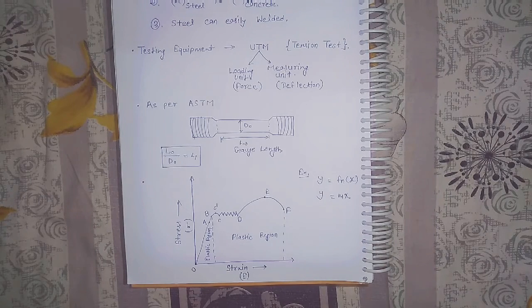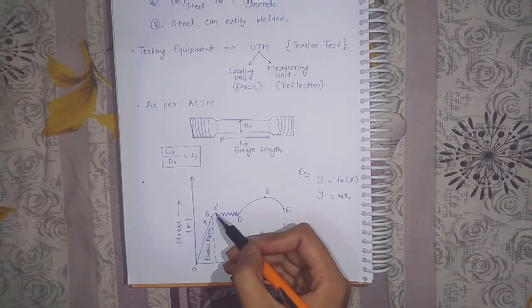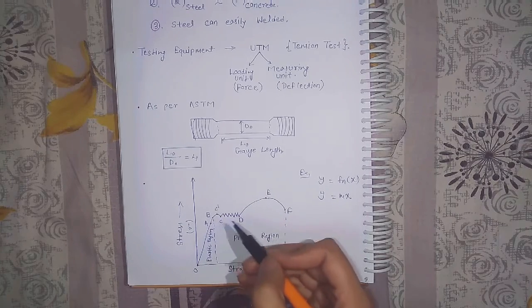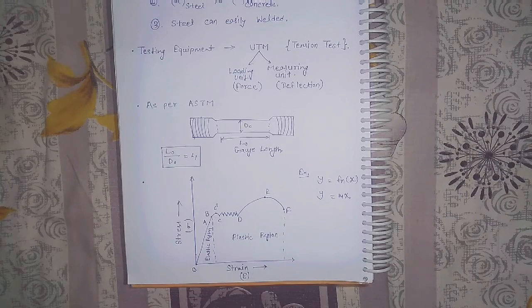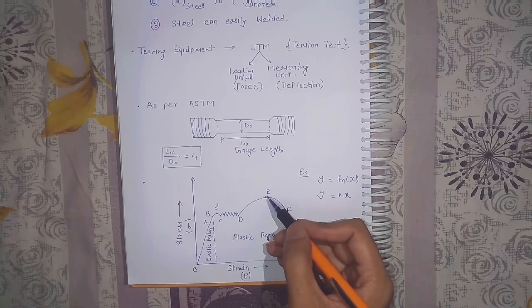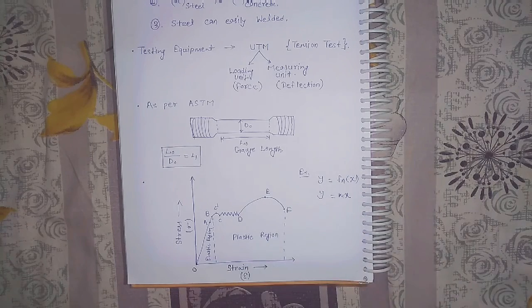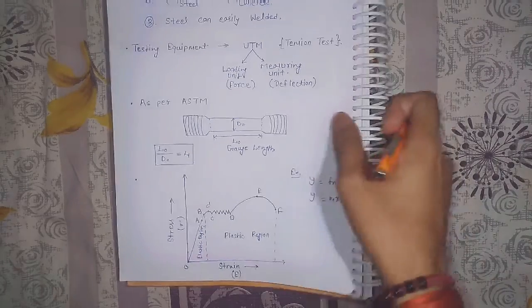Okay, so this is the stress strain curve. A is the proportional limit, B is the elastic limit, C dash is the upper yield point, C is the lower yield point, and CD is the yield plateau region, or you can say the plastic region. Then strain hardening, E is the ultimate stress value, and F is the fracture point.